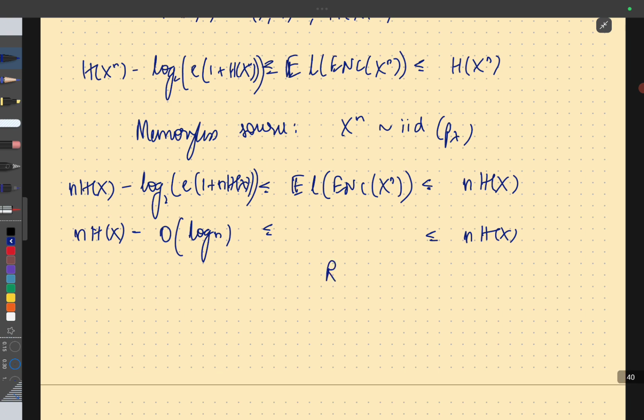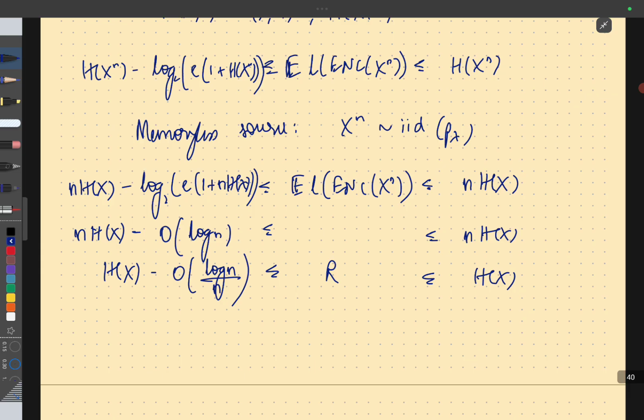If I look at the rate, this is less than or equal to H of X and it's greater than or equal to H of X minus order log n by n, right? And log n by n is a quantity that goes to 0 as n tends to infinity, but it goes to 0 slower than any polynomial in n. It's slower than n to the, say, minus 0.001.